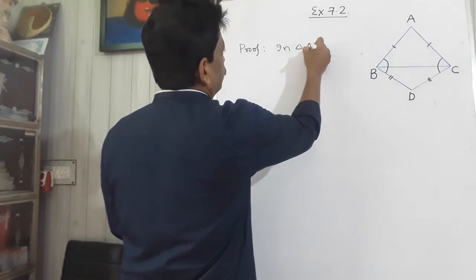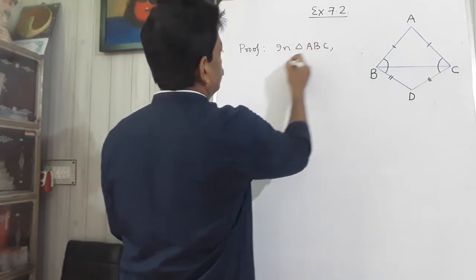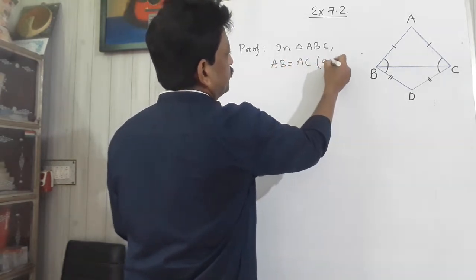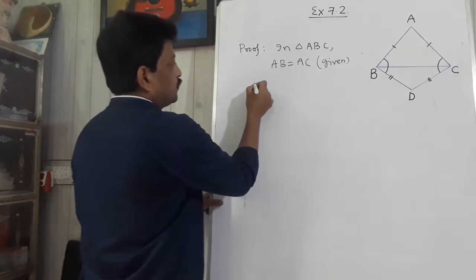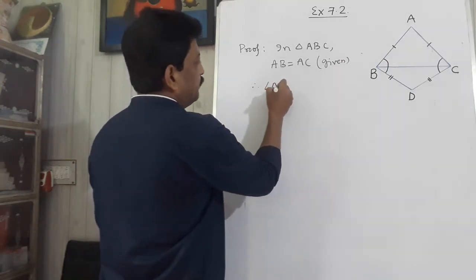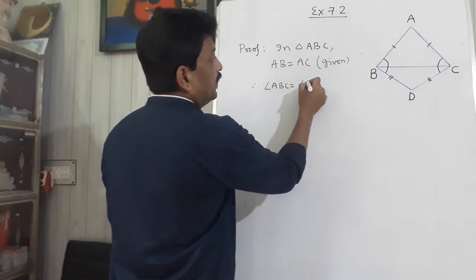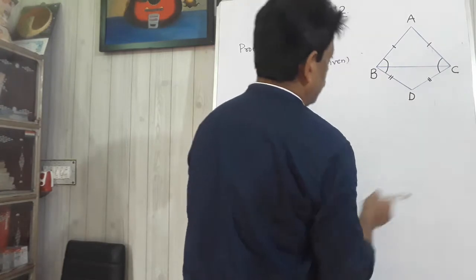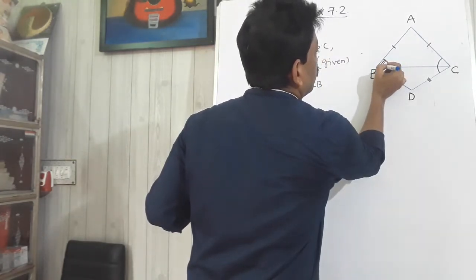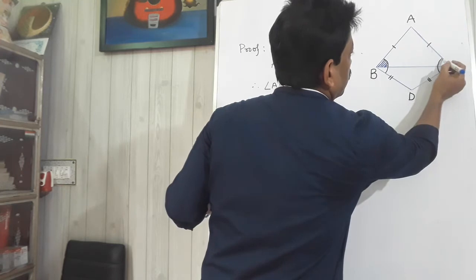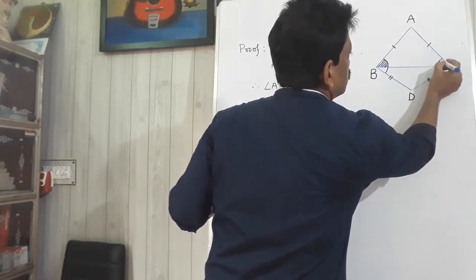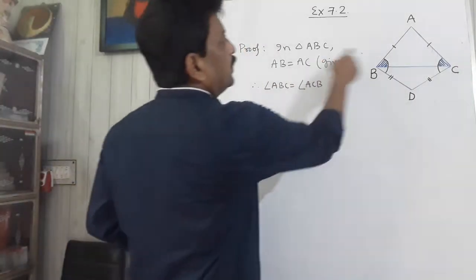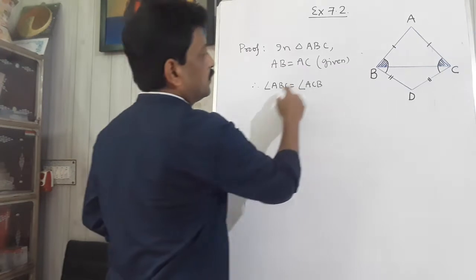In triangle ABC, AB is equal to AC, given. So therefore we can write angle ABC is equal to angle ACB. Means these two angles. Since the sides AB and AC are equal, then their opposite angles are also equal.